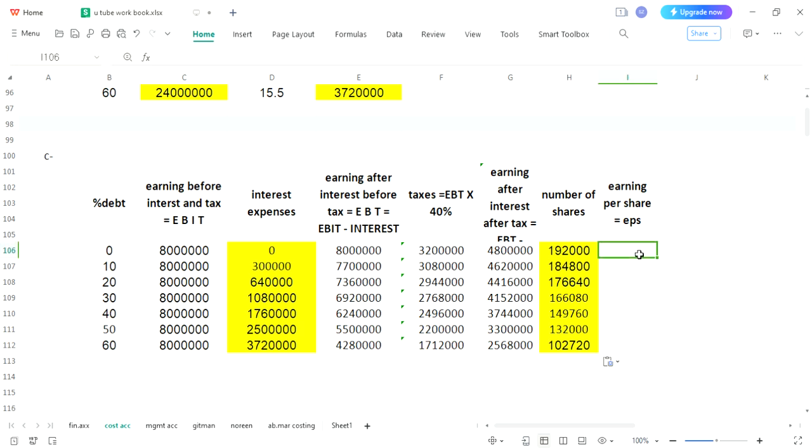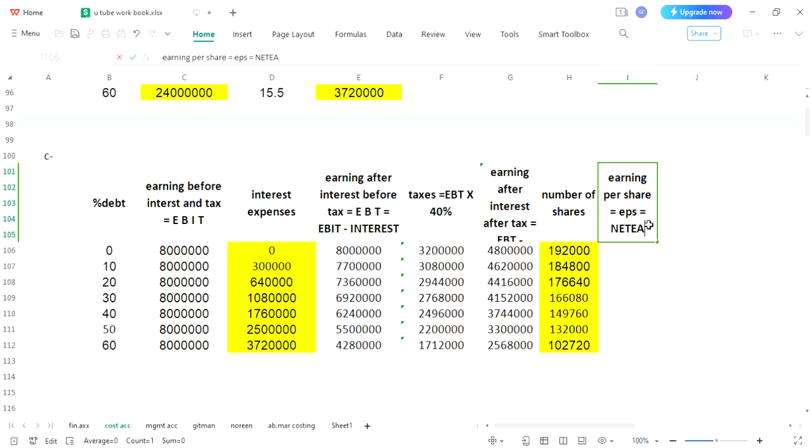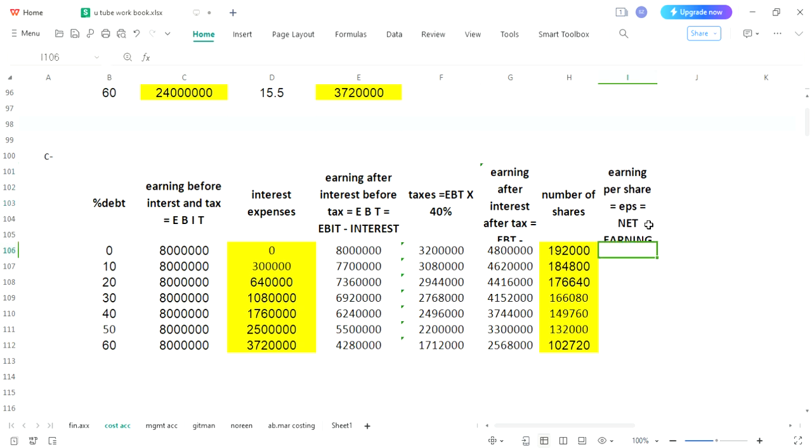Now earning per share, EPS, how would that be calculated? For this you need your net earning, and this would be divided by number of shares. Please read down what we want to do.